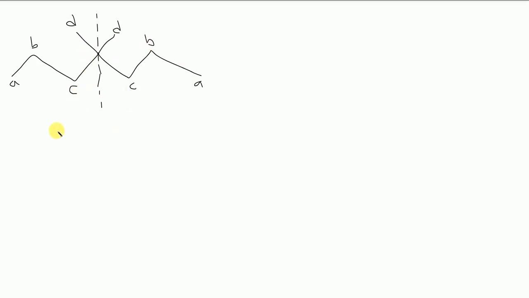So now I just need to brominate. So I'm going to start drawing the molecule, right? I have 4 unique environments, so I have 4 isomers that I can draw.